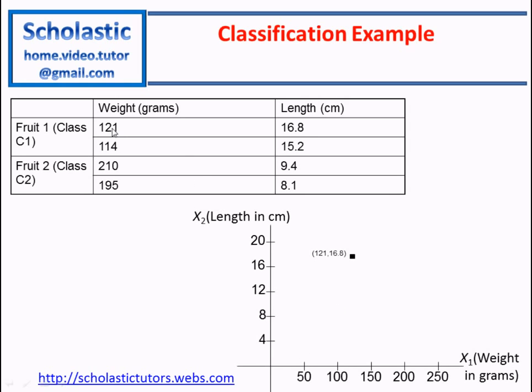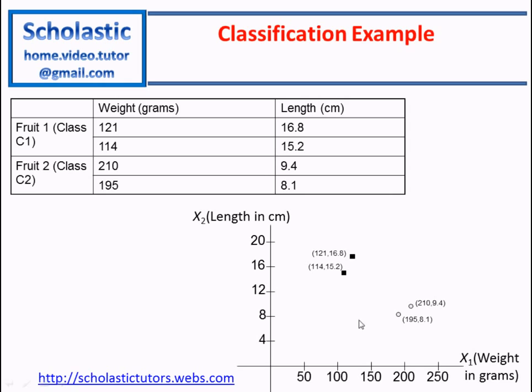So weight 121 and length 16.8 gives you this point here. Similarly, for the second fruit in the same class, 114 and 15.2. And for class 2, weight 210 and length 9.4, and weight 195 and length 8.8.